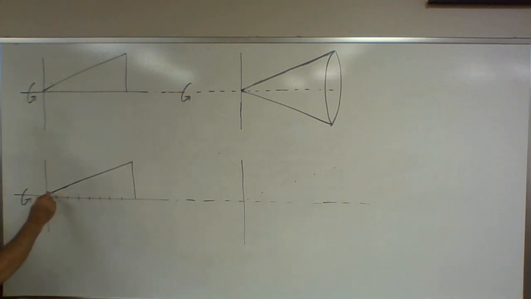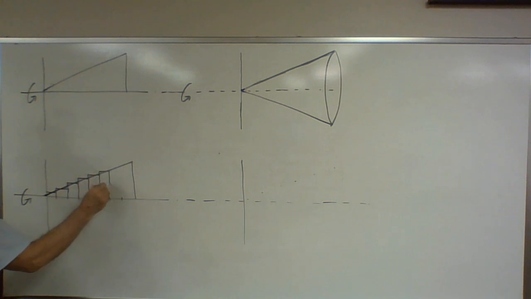And here's our first rectangle of width delta x. Here's our second. And here's our third, our fourth, fifth rectangle, and so on and so forth.